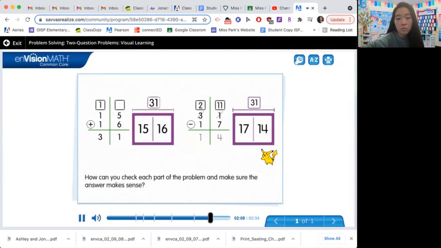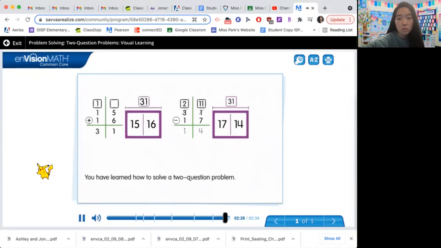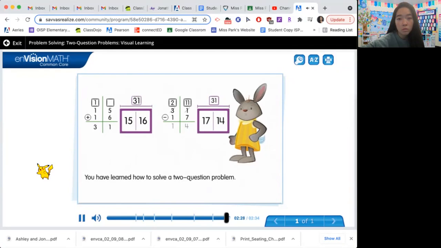How can you check each part of the problem and make sure the answer makes sense? You can check to see how the information was recorded in the mat and the addition and subtraction problems. Both questions were answered. The answers make sense. You have learned how to solve a 2-question problem.